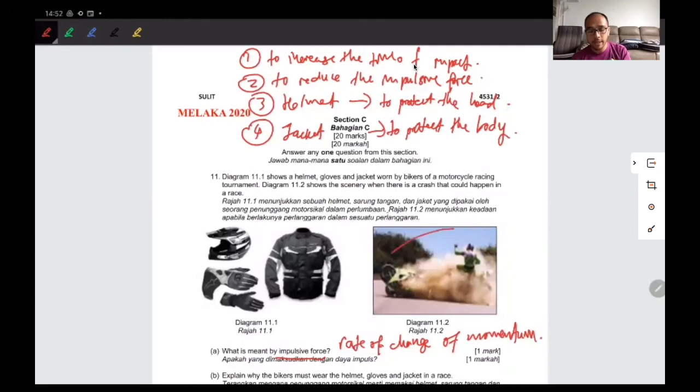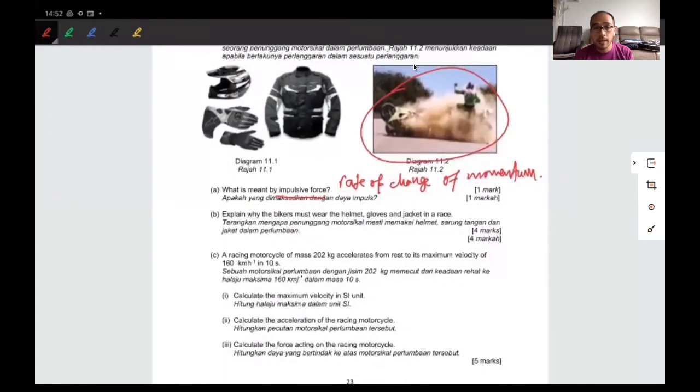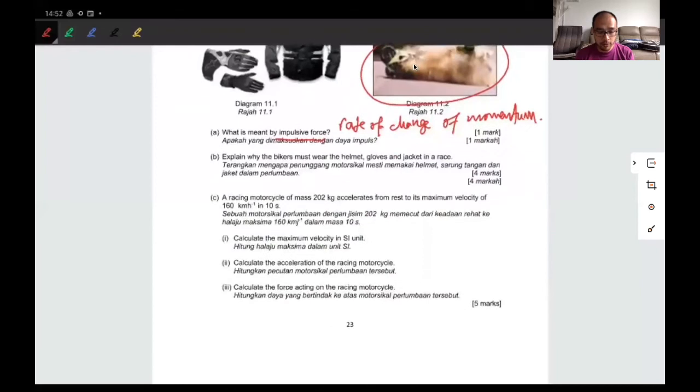Although from this picture, it looks like the jacket is used to protect yourself from dust, the jacket actually has padding. They're quite thick, so it's actually to protect the body. And how does it protect the body? It increases the time of impact so that it reduces the impulsive force. That's how we will get the 4 marks.